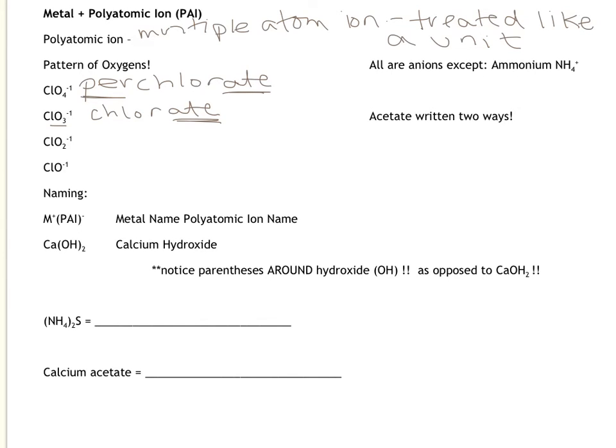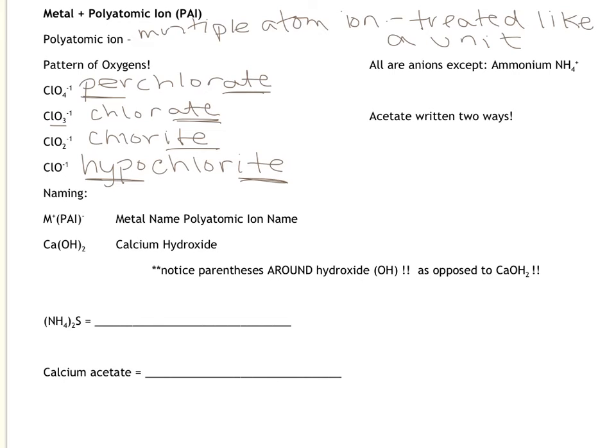Going back to chlorate, if I have one less, I go from ATE to ITE, so chlorite. And then one less than that is hypochlorite. So that has the prefix and the ending. So just something to be aware of, the number of oxygens can dictate my ending.